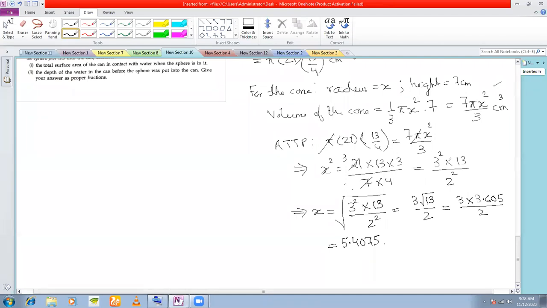Okay, now the question here states that you have to express it correct to one place of decimal. So you write here: equal to 5.4 simply. It's equal to 5.4, correct to 1 decimal place. That's it.